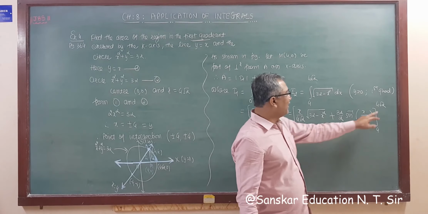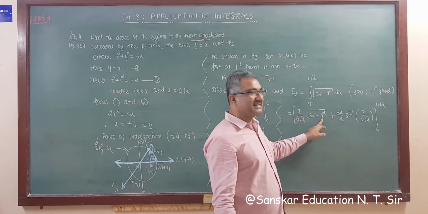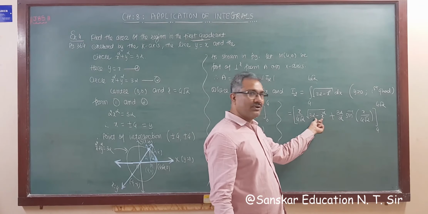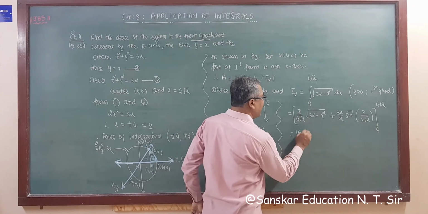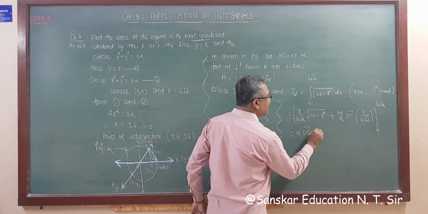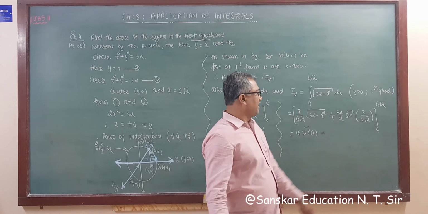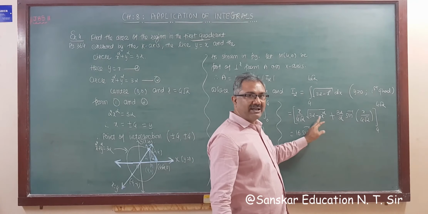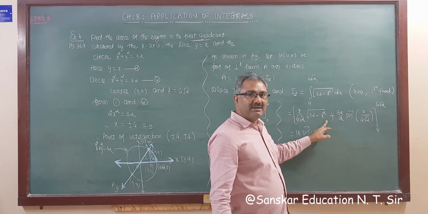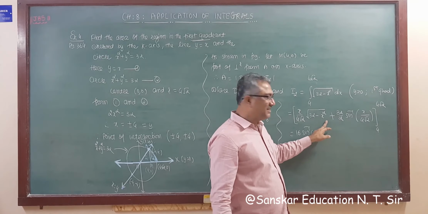Okay. So now the upper limit 4 root 2. 16 into 32, so everything is 0. If we substitute 4 root 2 here, we get 16 into sine inverse 1 minus. If we write 4 here, 4 square is 16, 32 minus 16 is 16, right?